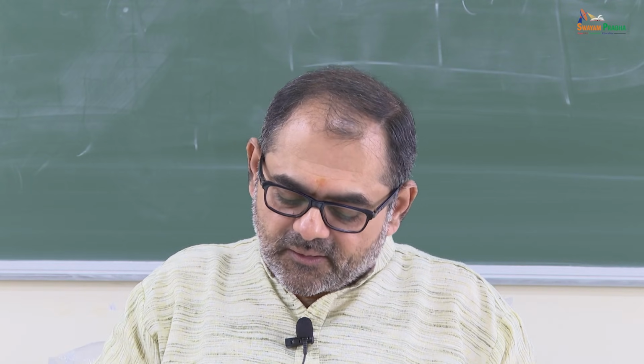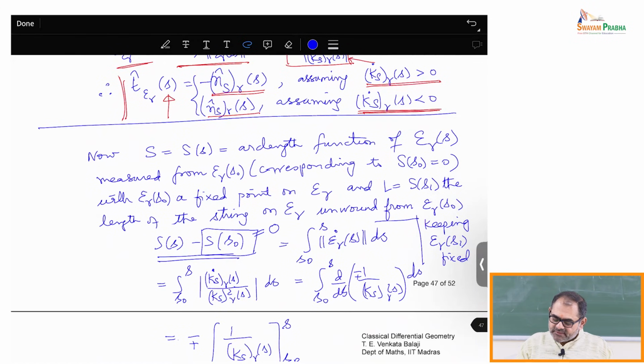So what we have to do is compute this arc length of the evolute, and the arc length of the evolute is obtained by just integrating the velocity vector. The parameter is small s, and small s, mind you, is the arc length of the original curve.